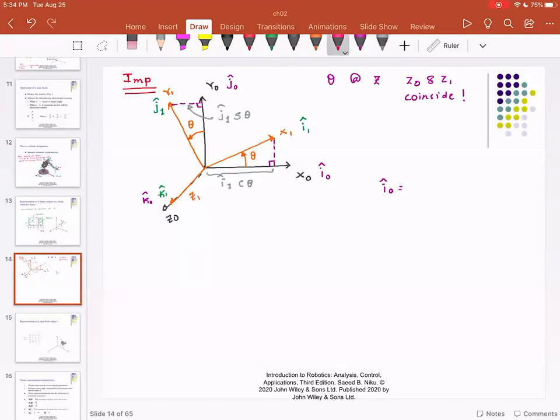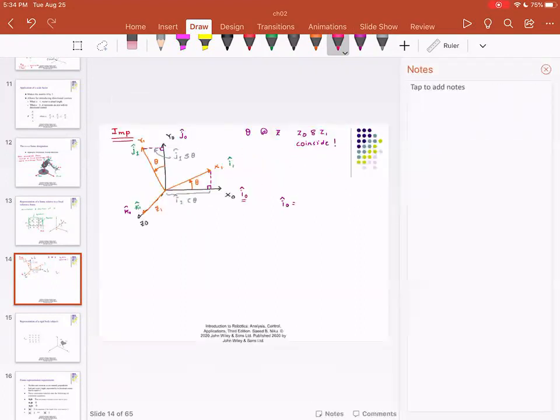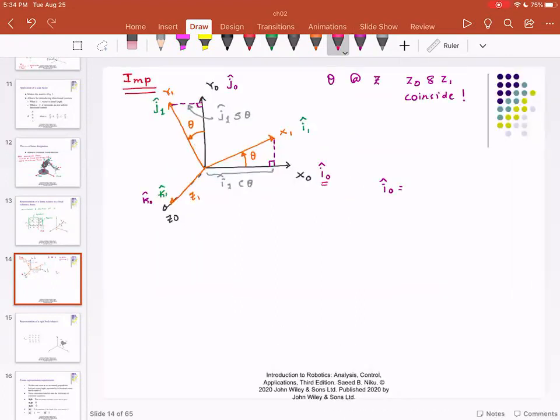Everybody with me so far? i naught can be represented in terms of i1 and j1. So this will become cosine theta i1.